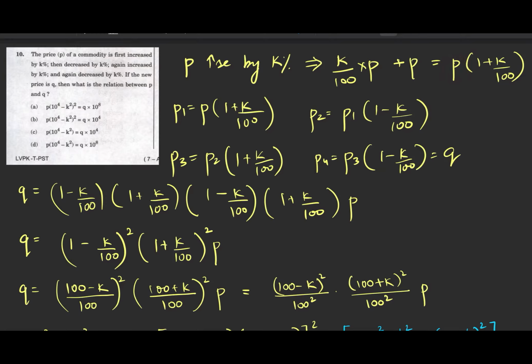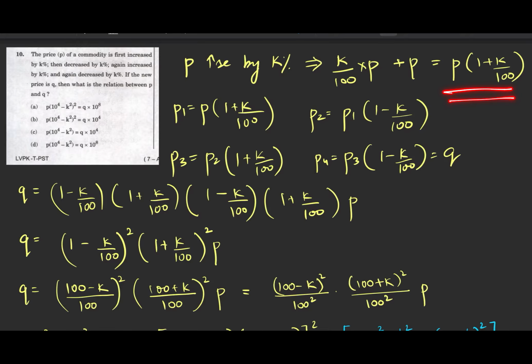Now in any question, if the price is increased or decreased by some k% or 10%, you can directly use this: write the original price into 1 plus the percentage by which it is increased by 100. If it is decreased, you can directly replace the plus with minus.